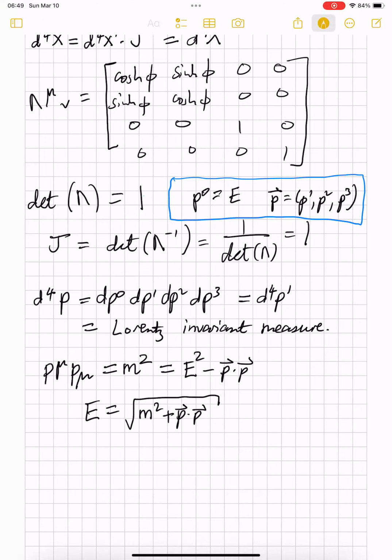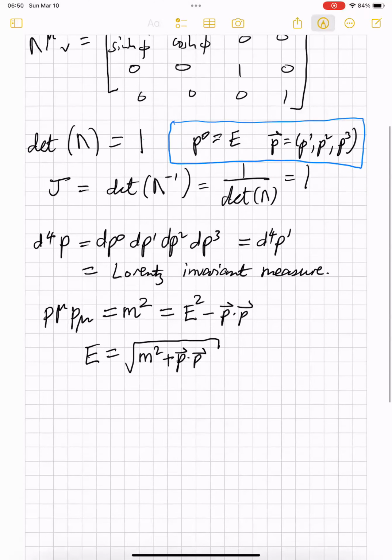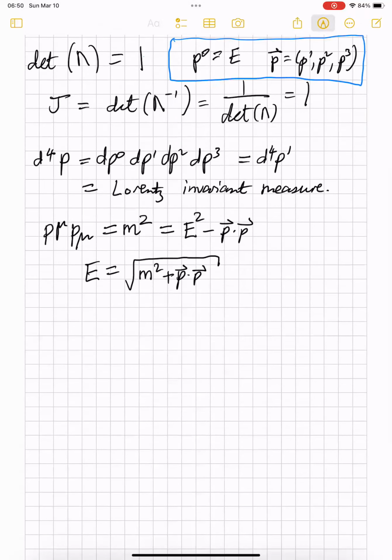So often I won't want to integrate over d⁴p. I'll only want to integrate over the spatial components of p, and I would like to know how to do that in a Lorentz invariant way. Okay, so let's start off. Let's derive the Lorentz invariant way to integrate over the spatial momenta.